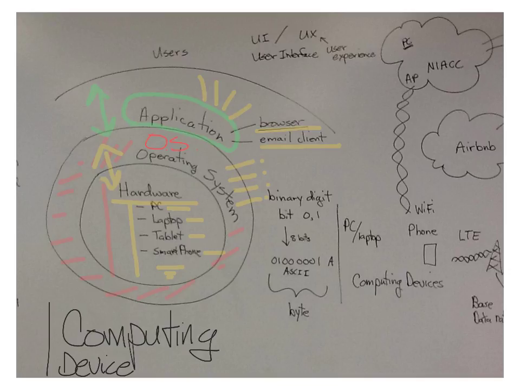The applications communicate with the operating system. The operating system communicates with the hardware. That's also why an application is designed to work with a particular operating system. More on that later.